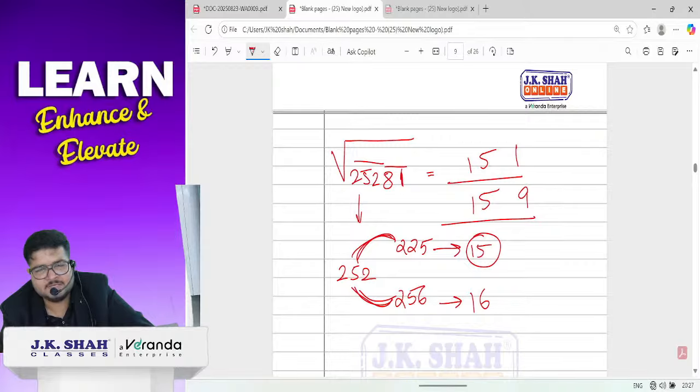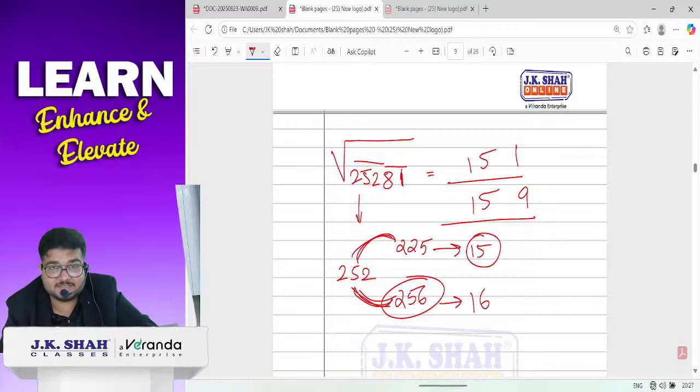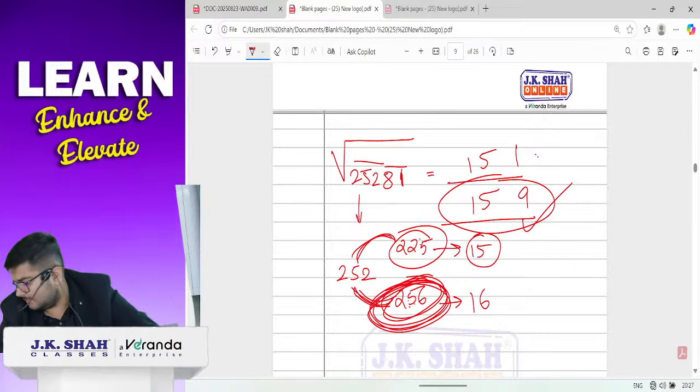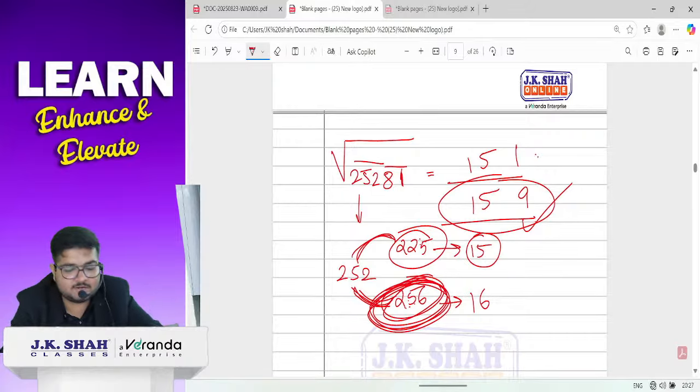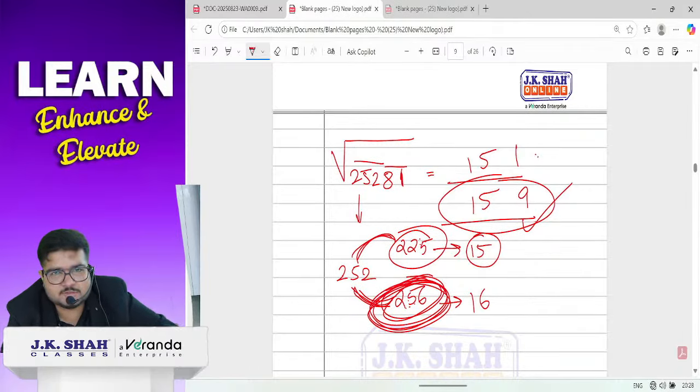If it is closer to the smaller number, the smaller will be the answer. 252 is closer to 256. 256 is the greater number, between 225 and 256. So the answer will be 159. If it is closer to the smaller number, the answer will be the smaller of the two. If it is closer to the greater number, the answer will be the greater of the two. I hope you are not confused.